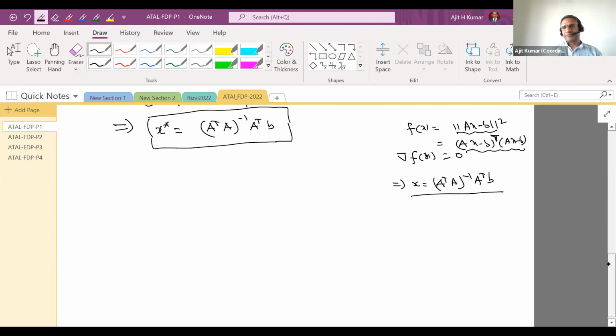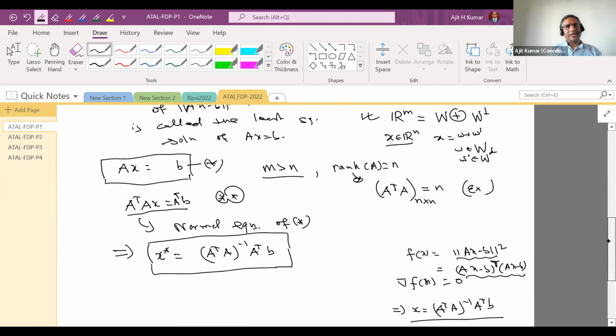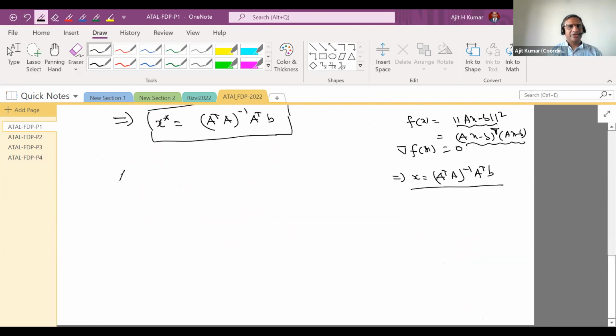Next, one can also show the following. You have Ax equal to B, which is what you want to solve. In case A is invertible, we know that the solution is A inverse B. But if A is not invertible, you can talk about something called the generalized inverse or pseudo inverse.